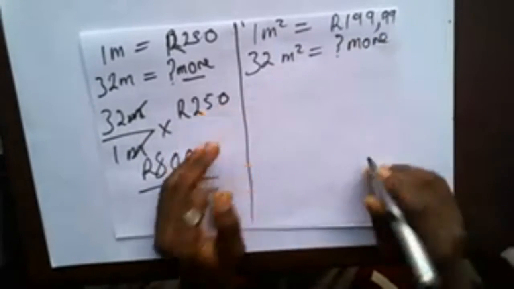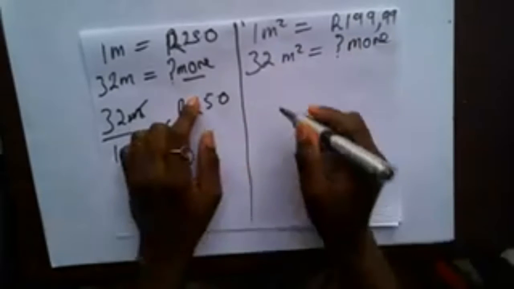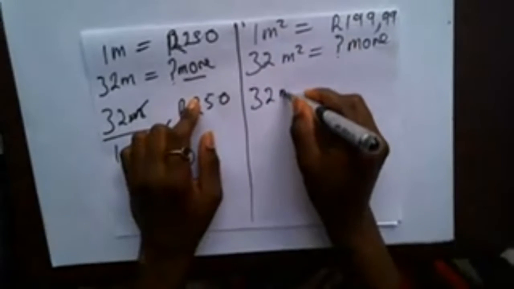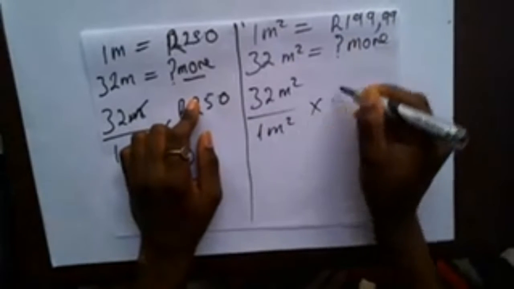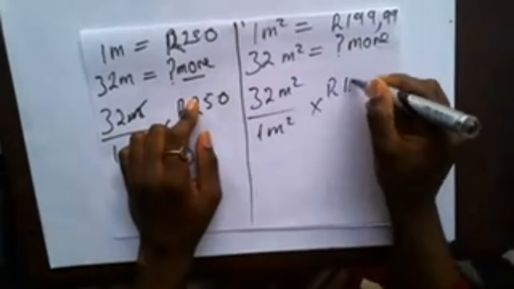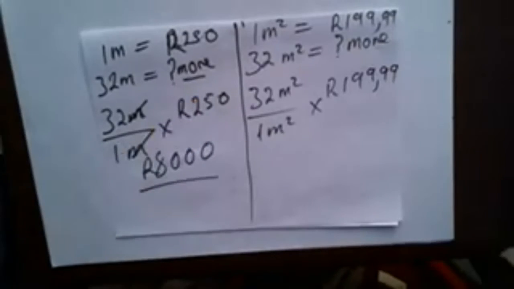I believe it is going to cost more. If it is more, a bigger number over a smaller number multiplied by the quantity. The quantity in this case is 199.99 rands.